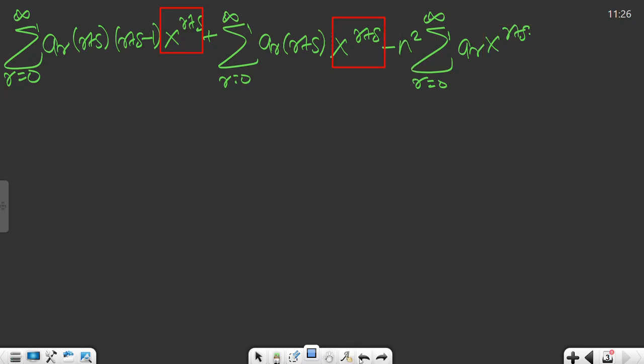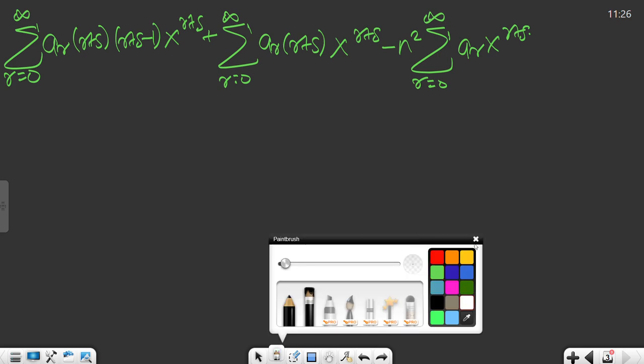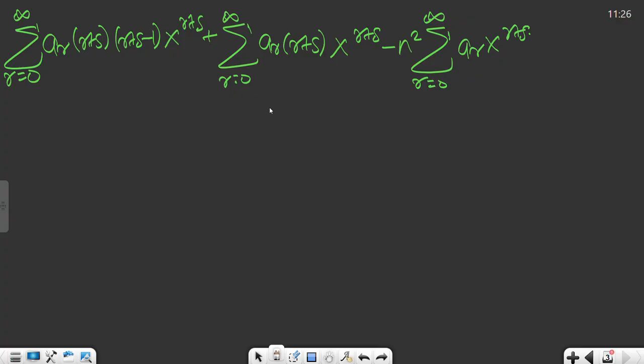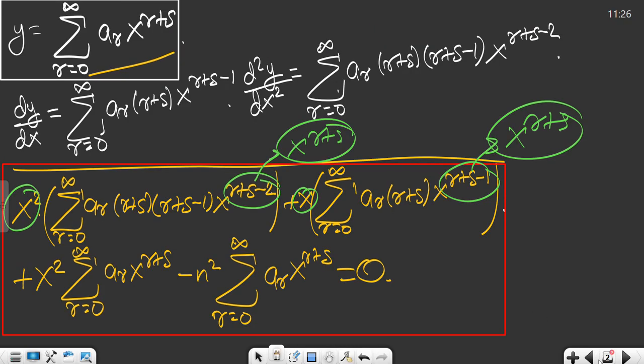The last term is not common like these things. That is the sum as r goes from 0 to infinity of a sub r x to the r plus s plus 2. You can see this right from here when you multiply this to this. So you are just going to have that result only.